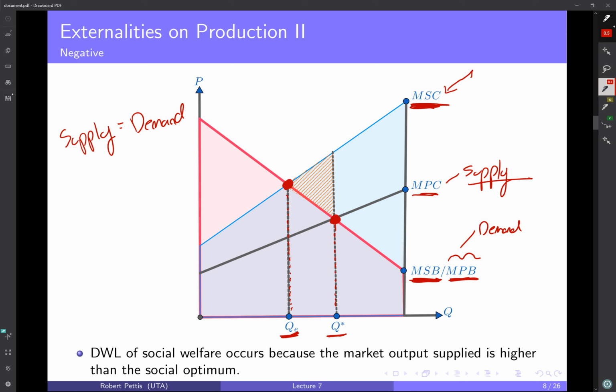So that's our new efficient outcome. And we see that the quantity in the market outcome is greater than the quantity in the efficient outcome. In other words, we're producing too much. That should make sense, right? We're living in a world where we're not internalizing the costs that this pollution is having on society, so we're producing too much. We're not taking into account that cost.